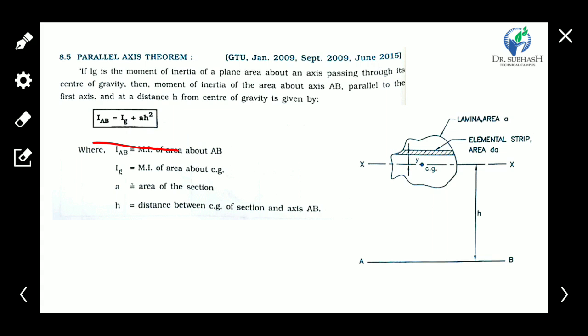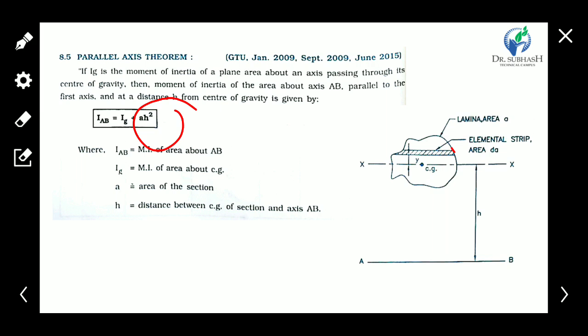Here we have to find the moment of inertia about the AB axis. So IAB is equal to Ig, the moment of inertia about the center of gravity of this given area, plus A h square.